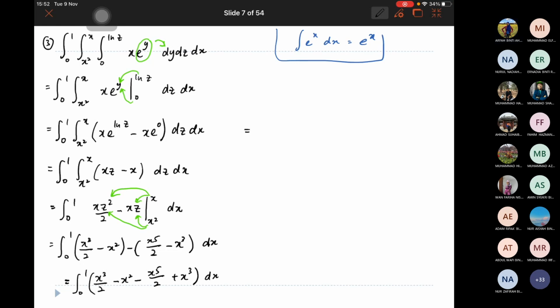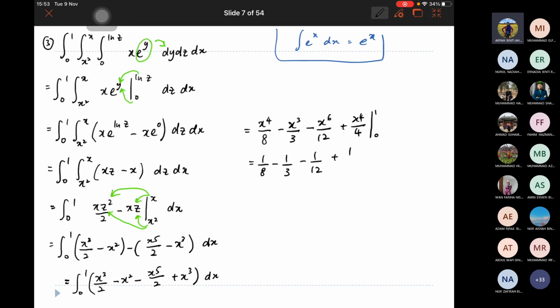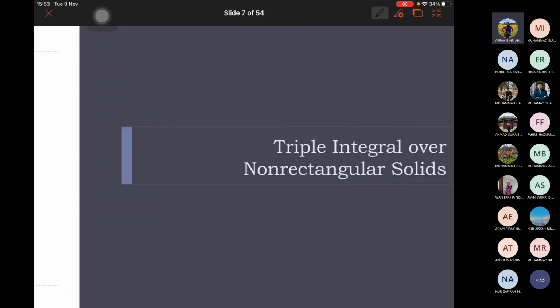Okay. Sama dengan integrate terhadap x dapat x kuasa 4 per 8 tolak x kuasa 3 per 3 tolak x kuasa 6 per 12 tambah x kuasa 4 per 4, 0 sampai 1. So gantikan 1 per 8 tolak 1 per 3 tolak 1 per 12 tambah 1 per 4. So dapat jawapan.